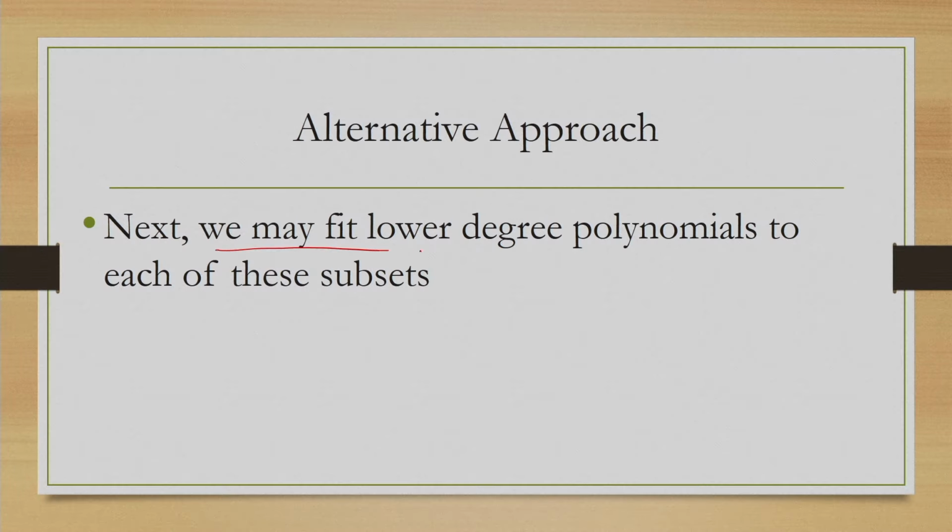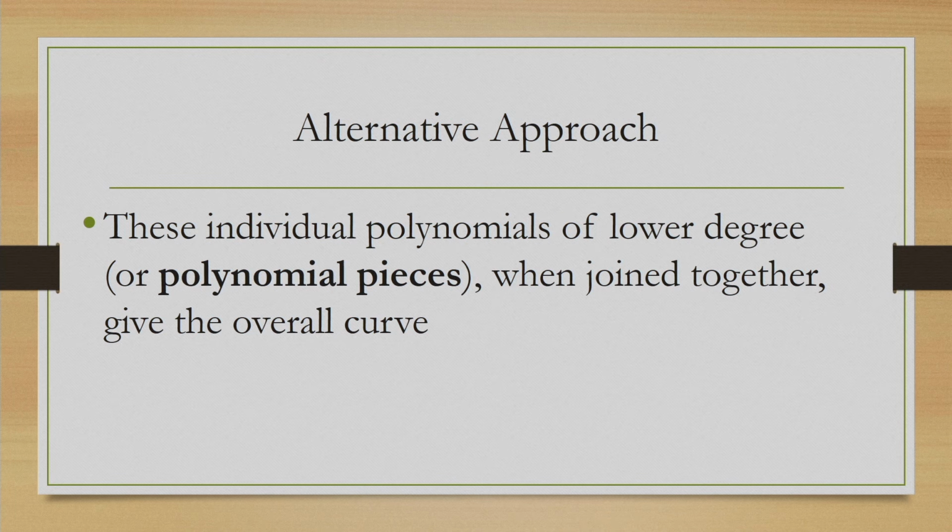Now, for each of these subsets, we may fit lower degree polynomials. In this case, degree 2 polynomials for each of the subsets, and then these individual polynomials of lower degree, which are also called polynomial pieces, when they join together, they give the overall curve.